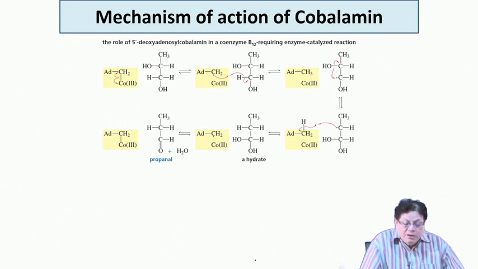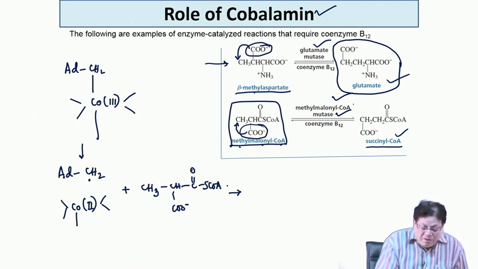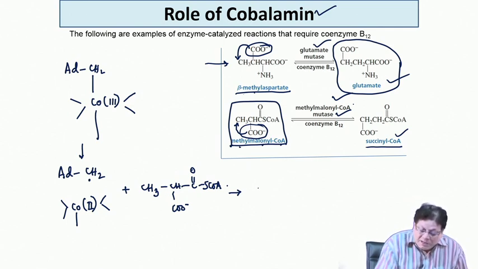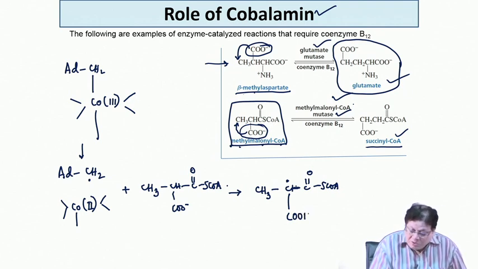So, obviously it should abstract hydrogen from this. The first hydrogen to be picked up should be this, because that gives a stabilized radical, C dot, COSCoA, and this will be COO, suppose H, better write H now.